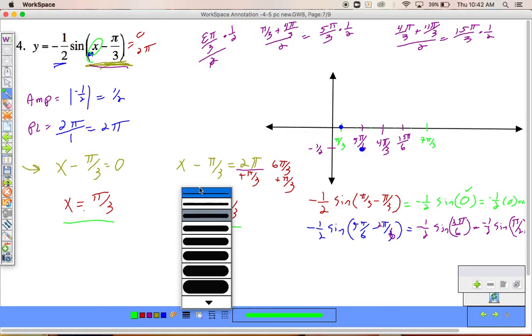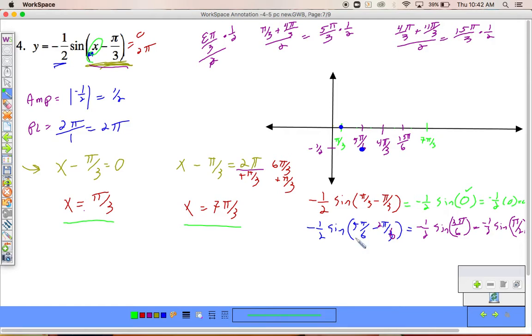We have to recognize, when I put in 5 pi over 6 and did my math, I got the sine of pi over 2. When I put pi over 3, my first point, in, I got the sine of 0. So negative 1/2 sine of 4 pi over 3 minus pi over 3. I know, because I picked the right numbers, this went 0, pi over 2.